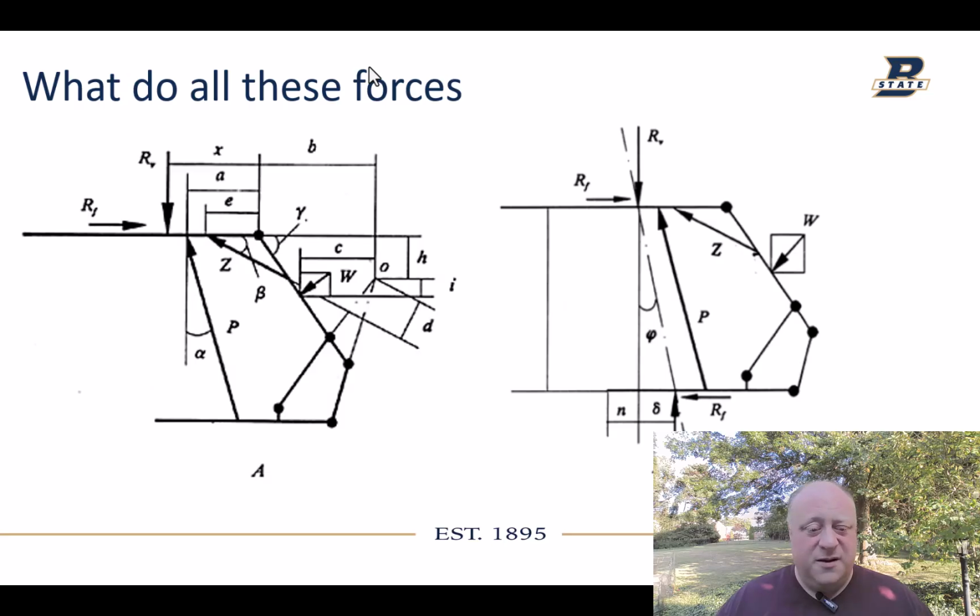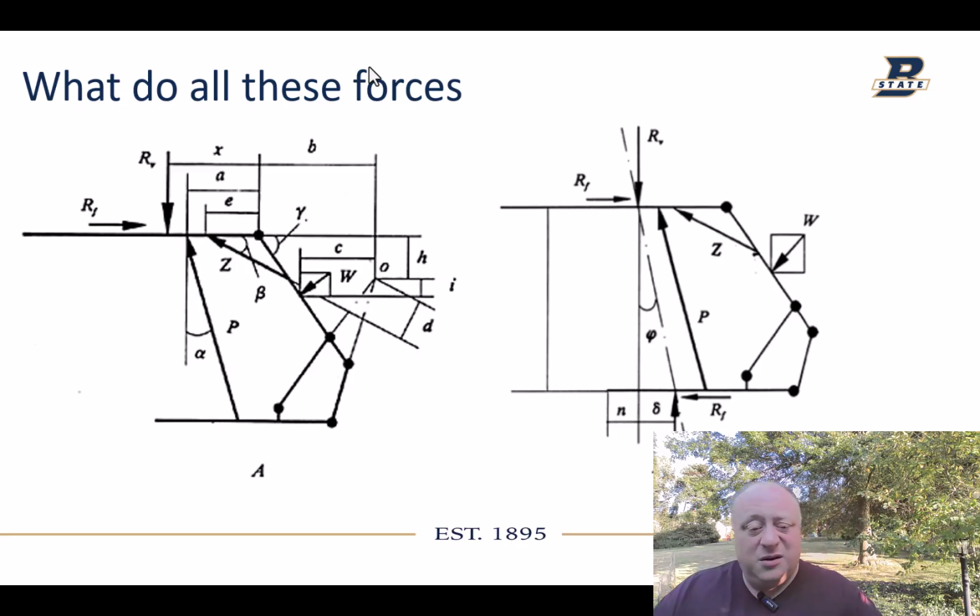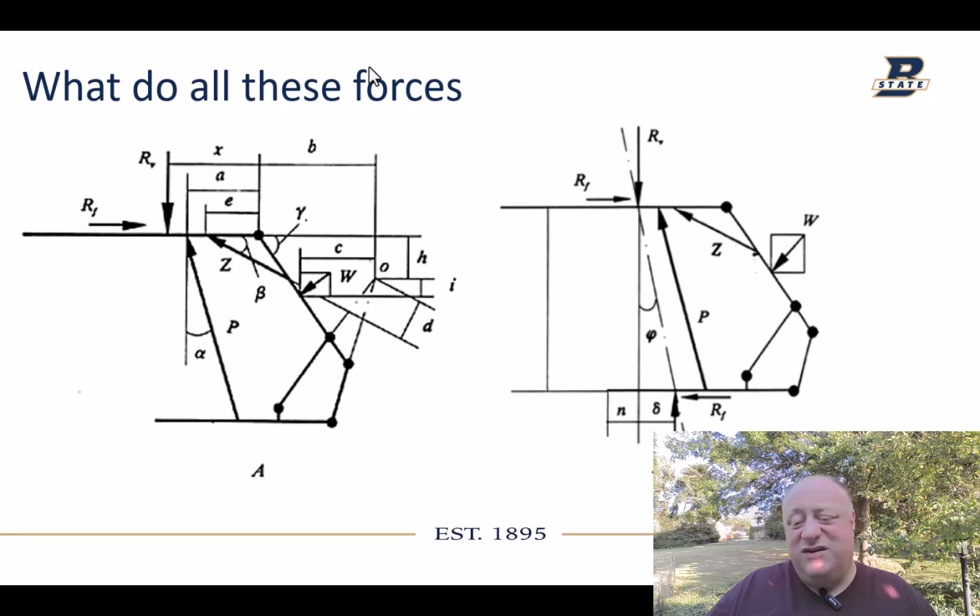You have the force up from the legs, P, the pressure in the legs, acting at an angle of alpha. You could also have some weighting on the caving shield as well, this W. There's also the friction at the floor, and the resultant, where that is located on the base.